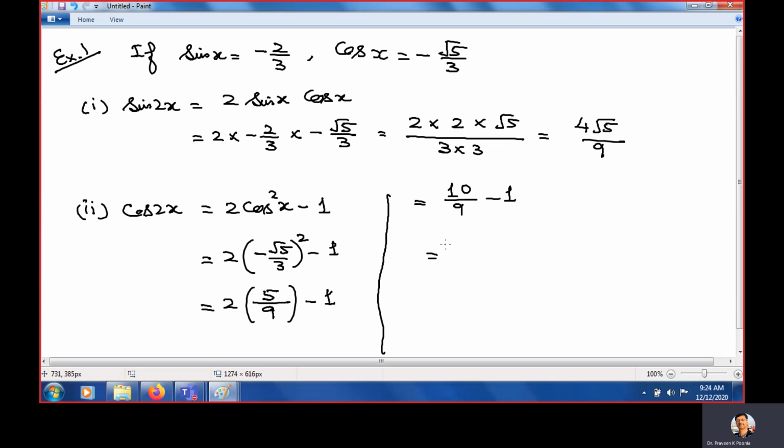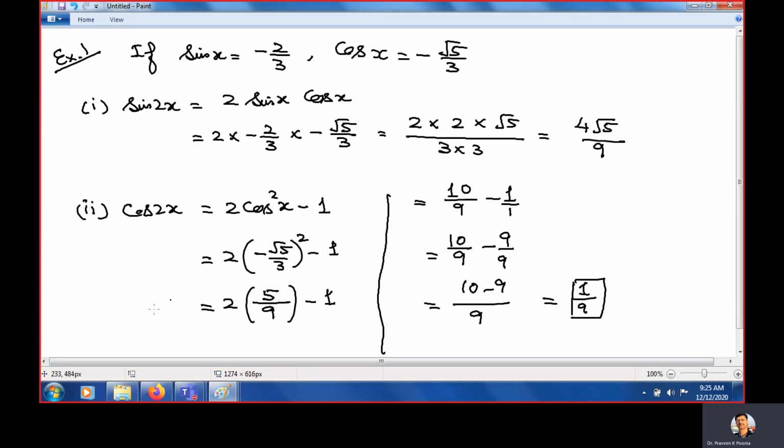If you want to simplify this, 10 upon 9 minus 1 may be written as 1 upon 1 multiplied by 9, 9 upon 9. Clear? So 9 is the LCM, 10 minus 9 is 1 upon 9. This is the answer. So we used a different formula, but we get the same answer, 1 upon 9.